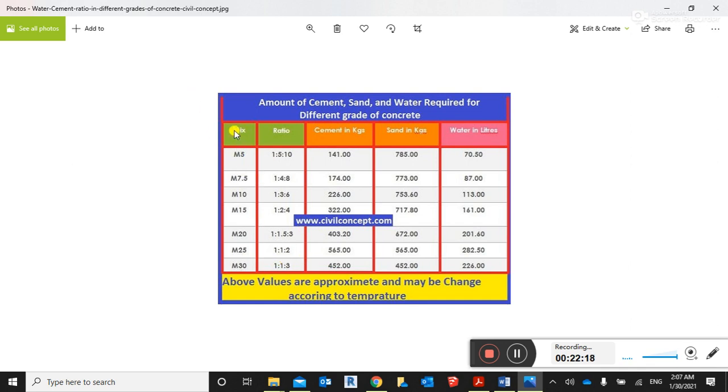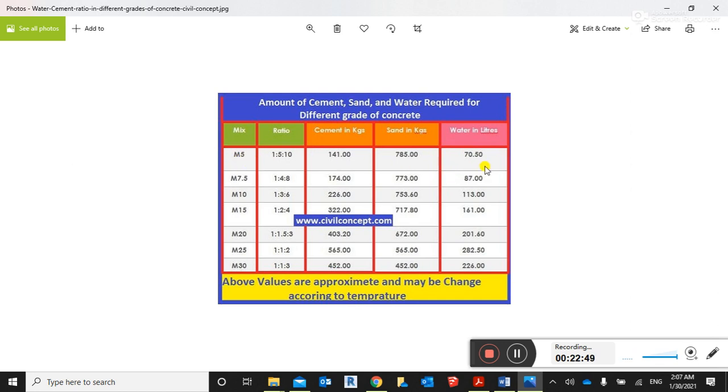Again, guys, this is the repeated portion, mix M5 to M30. This is the ratio of cement sand aggregate. This is the amount of cement in 1 cubic meter of concrete, 145. For M30 it should be 405. See, guys, as the grade of concrete goes up, the amount of cement also increases. This is sand for M5, 785 kg. See, this is water in liters for 1 cubic meter of concrete.